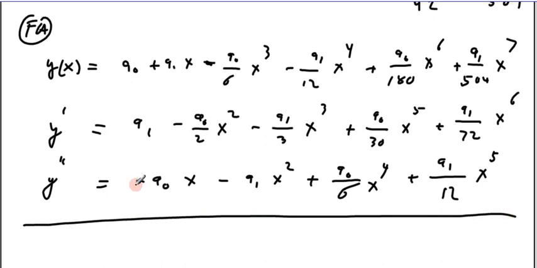Right? I need 1 of that guy. I need x of this guy. And when I get done, I better have 0. I don't need any of the first derivative guy.